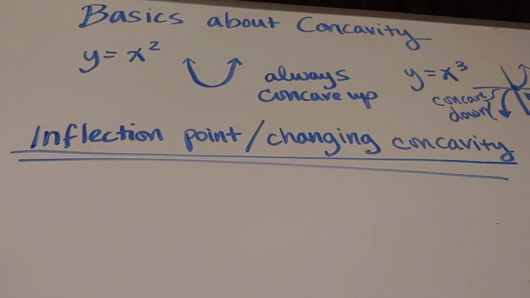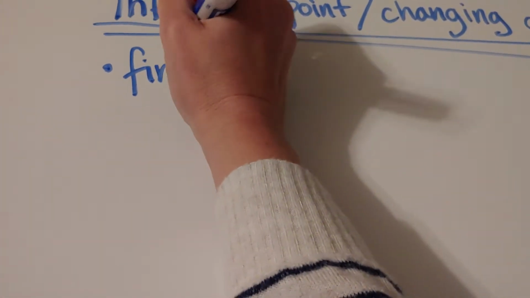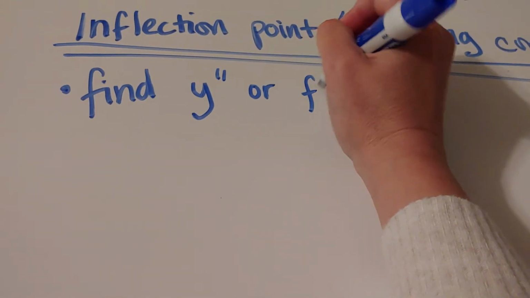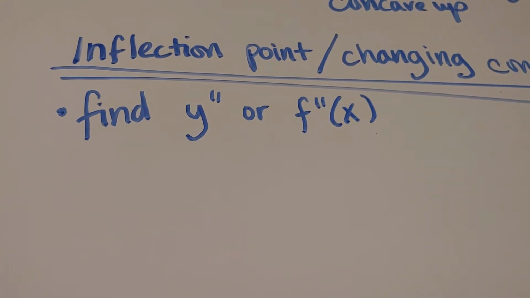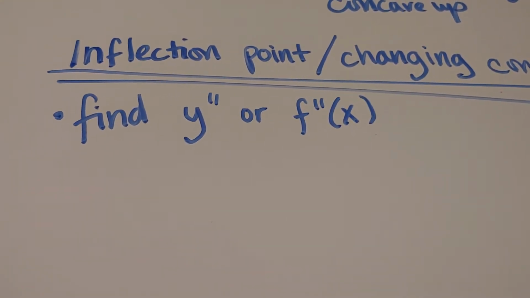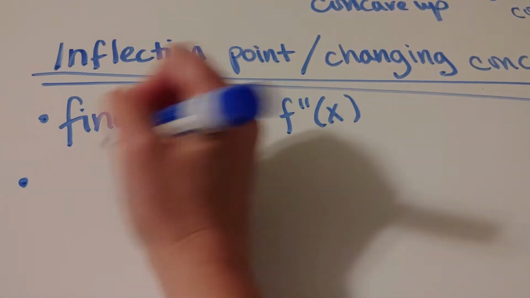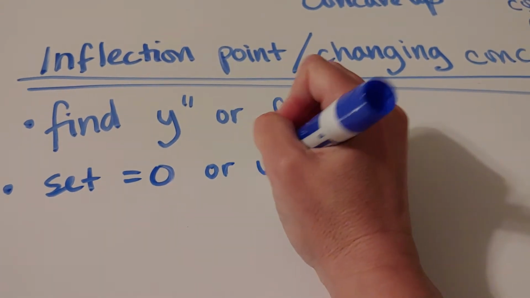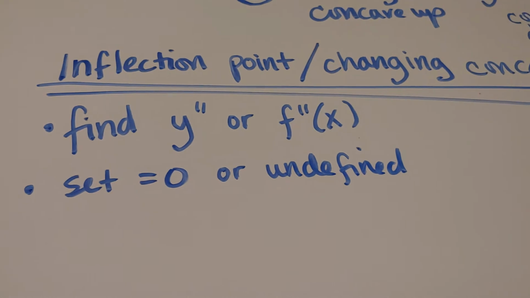Number one, we're going to find the second derivative. The first derivative finds our critical numbers that are maxes or mins. Our second derivative finds inflection points. So we set it equal to 0 or where it's undefined, and those are going to be where hopefully it's changing concavity.